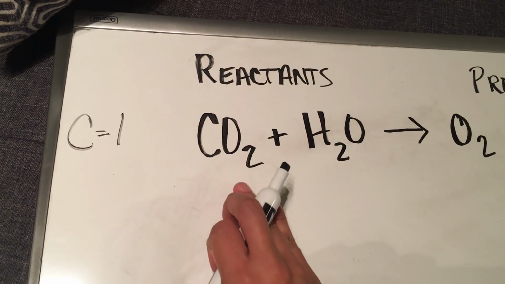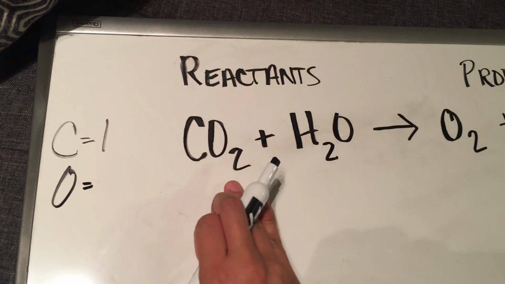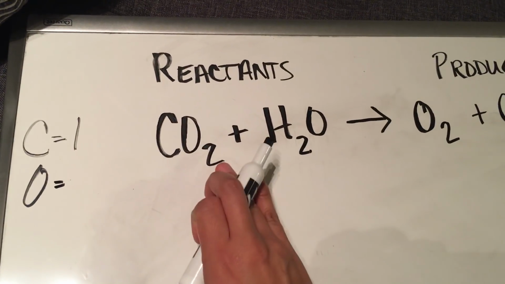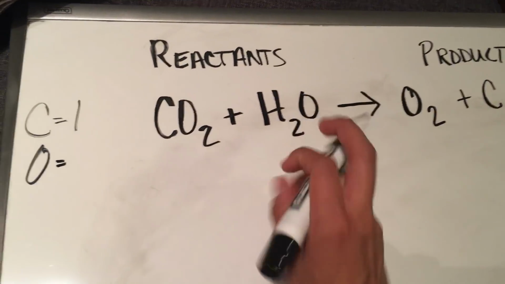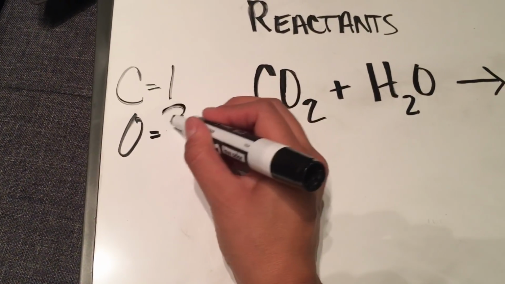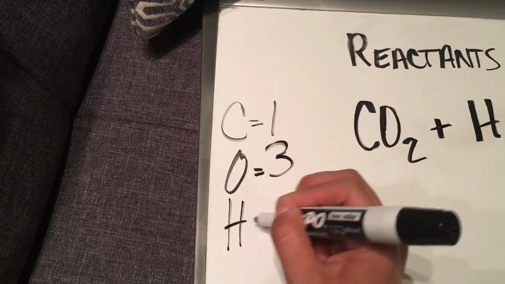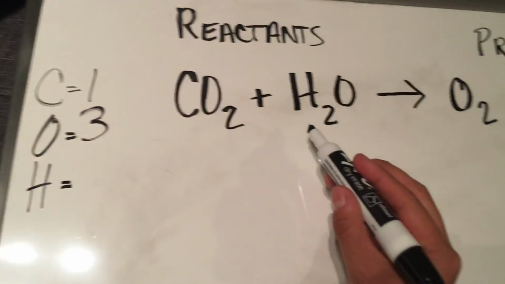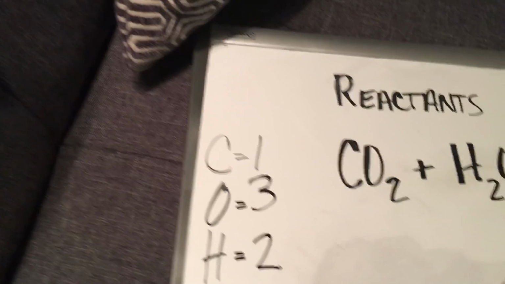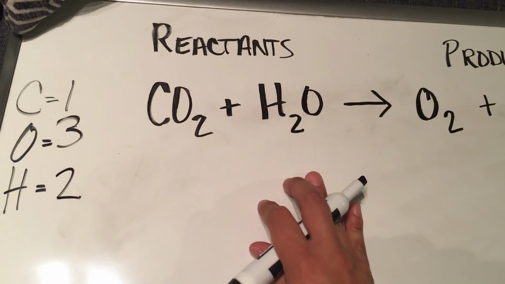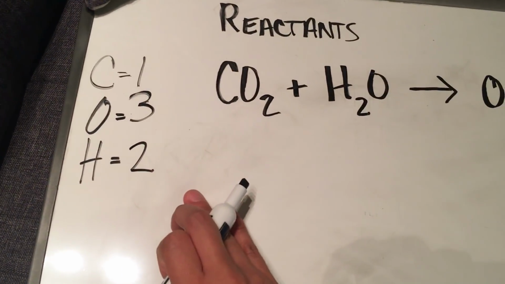And then for oxygen, do you know how many oxygens we have? 1, 2, because 2 atoms of oxygen, plus another atom from the water, so that's 3. Okay. And now let's do hydrogen. Hydrogen has how many? Okay, 2, good. So we have 1 carbon, 3 oxygen, 2 hydrogen.